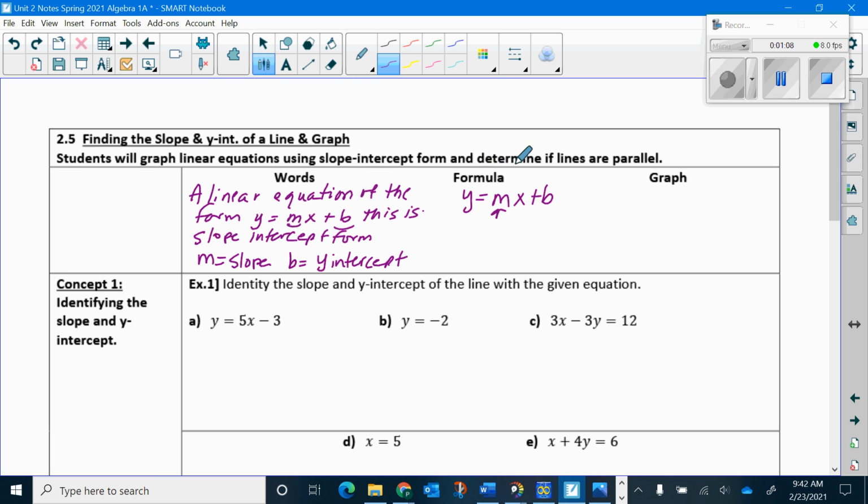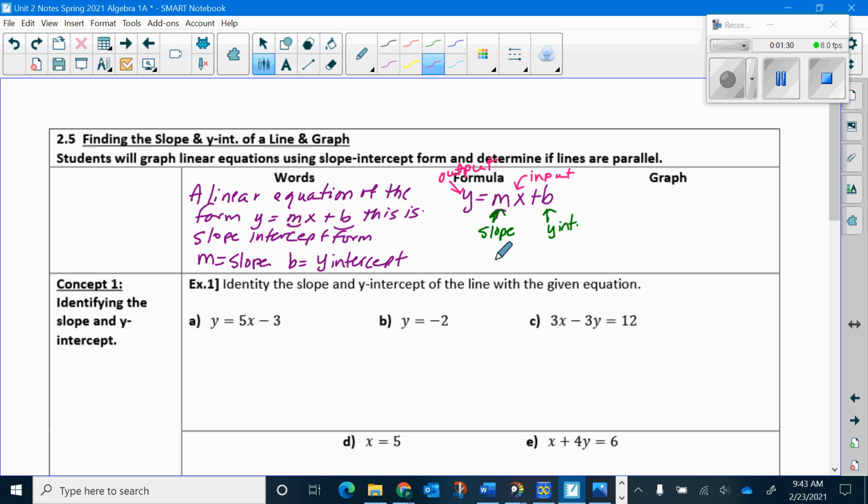This is, of course, let's change the color here. This is my slope, and this is my y-intercept. With that also, we have the input, and we have the output.